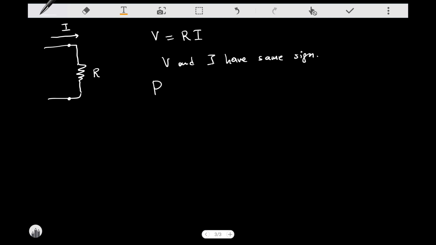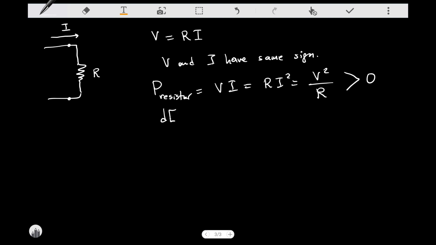That means the power that goes into a resistor, which is given as V times I, is R times I squared, or you can write it in terms of the potential drop only, V squared divided by R. This is always positive, so the rate of change of the energy of the resistor is always positive. The energy of the resistor always increases, and that's the case where the energy is converted into heat.